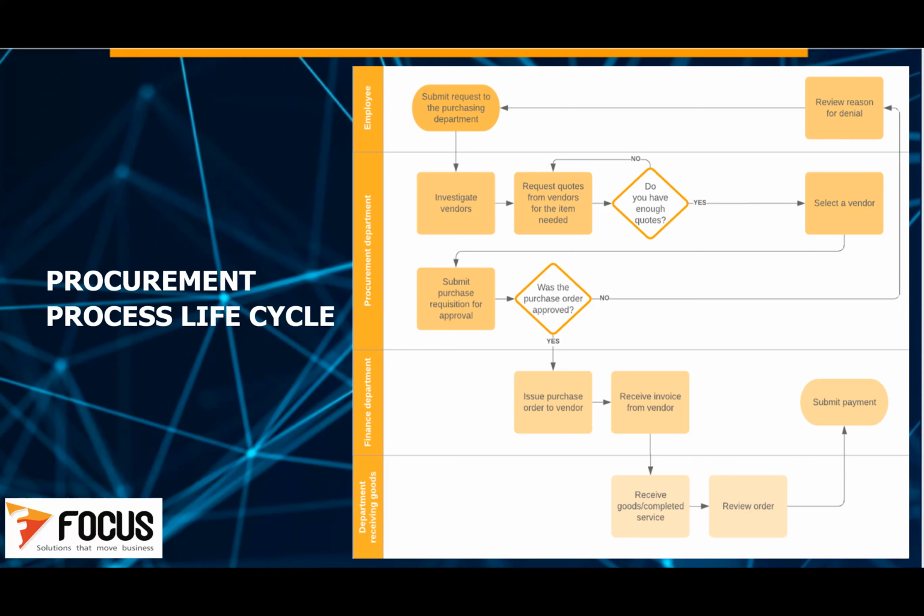Then you possibly have the quotation analysis. Based on the quotation analysis, validated on lead time, prices, payment terms or discounts, you have a selection process which is comprehensively built into the system, and a vendor is selected by the procurement team.